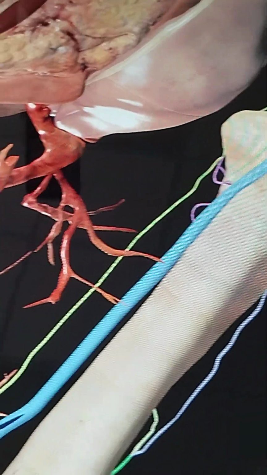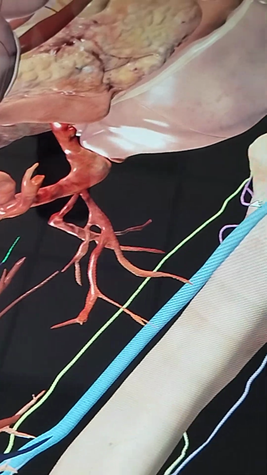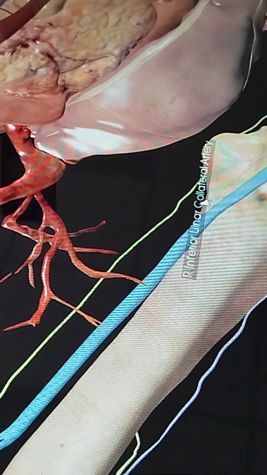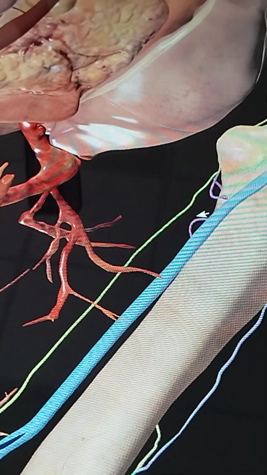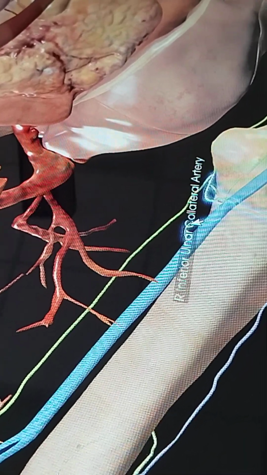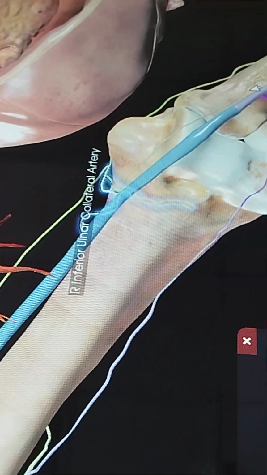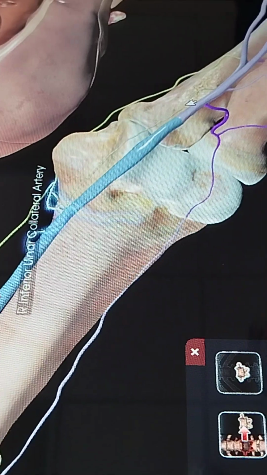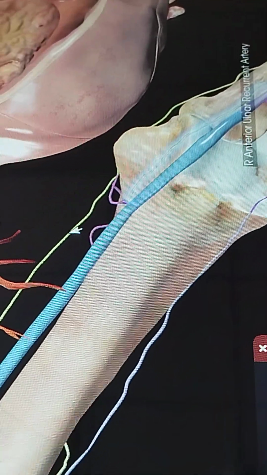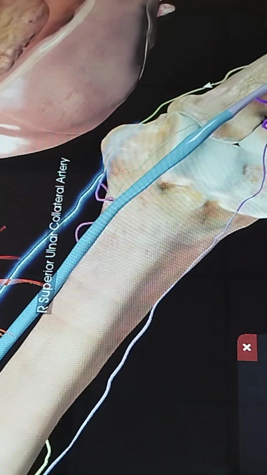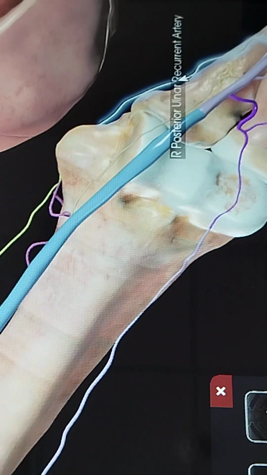I think maybe it is here, arteria collateralis. Yes, it is here. Arteria collateralis ulnaris inferior. It makes anastomosis with recurrens ulnaris anterior, and collateralis ulnaris superior makes anastomosis with recurrens ulnaris posterior.